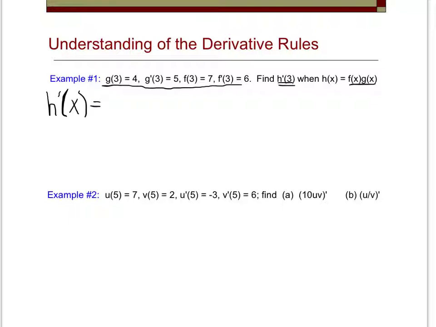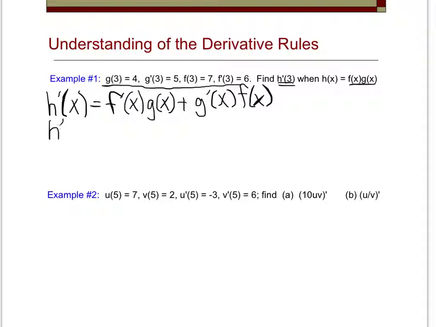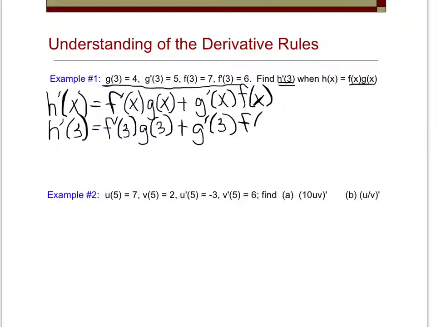And so the product rule states that we take the derivative of the first term, the second term stays the same, and then we add that to the derivative of the second term, and the first term stays the same. Now this is all in terms of 3, okay? So we're going to have the derivative of f at 3, and then we'll have the value of g at 3, plus the derivative of g at 3, and then f at 3.